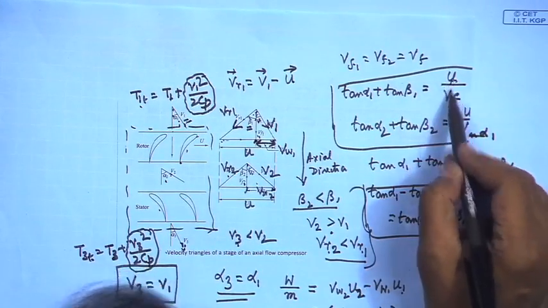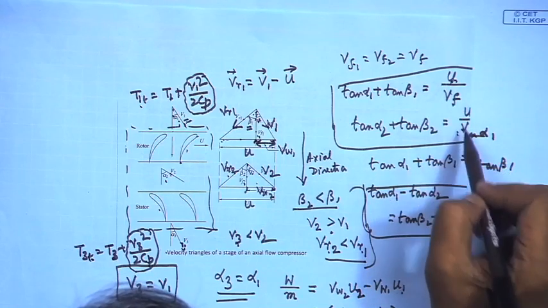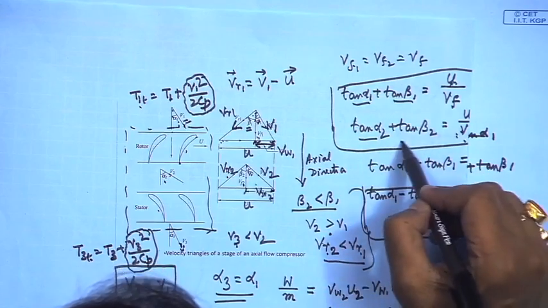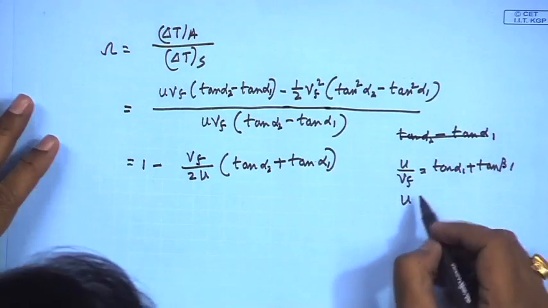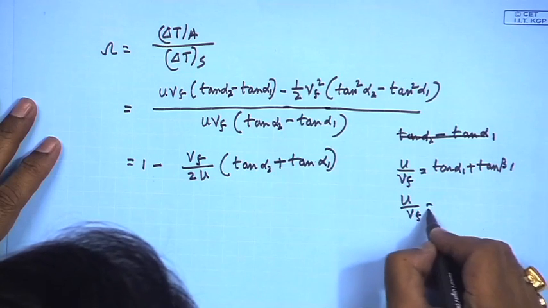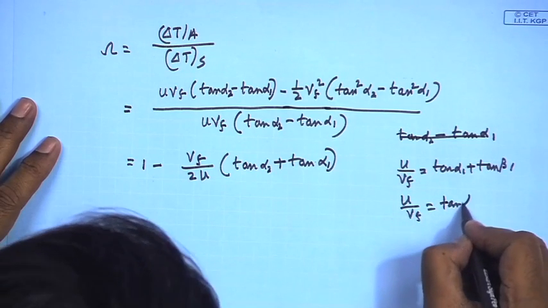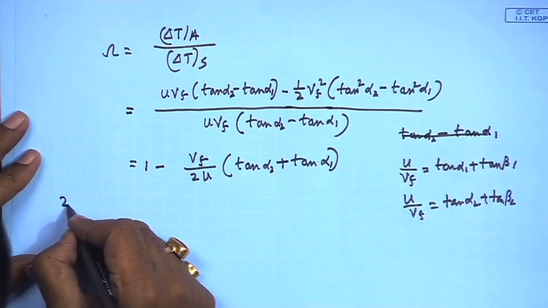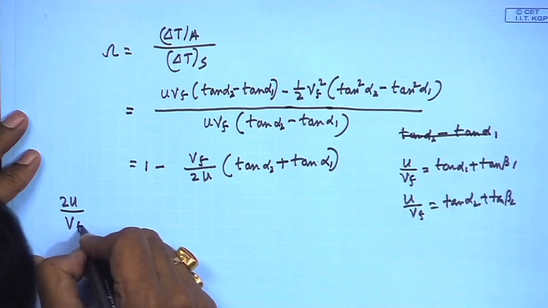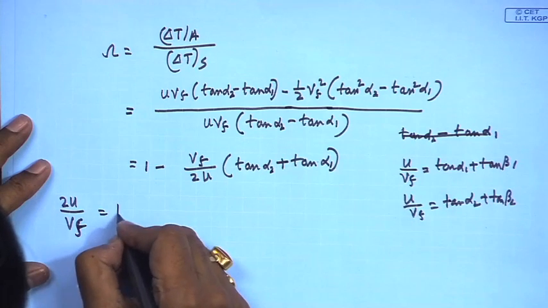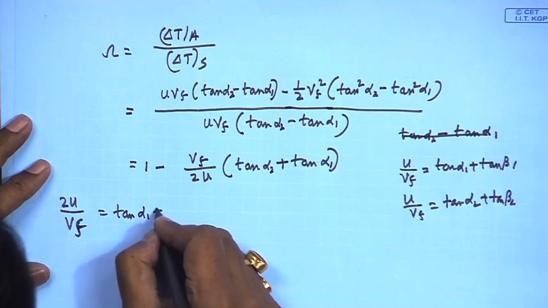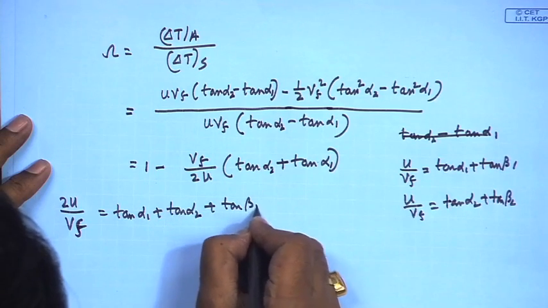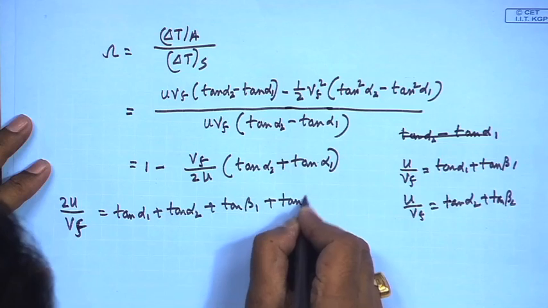If you add these two, twice u by Vf is tan alpha 1 plus tan alpha 2 plus tan beta 1 plus tan beta 2. So, therefore, we write twice u by Vf from here is tan of alpha 1 plus tan of alpha 2 plus tan of beta 1 plus tan of beta 2.